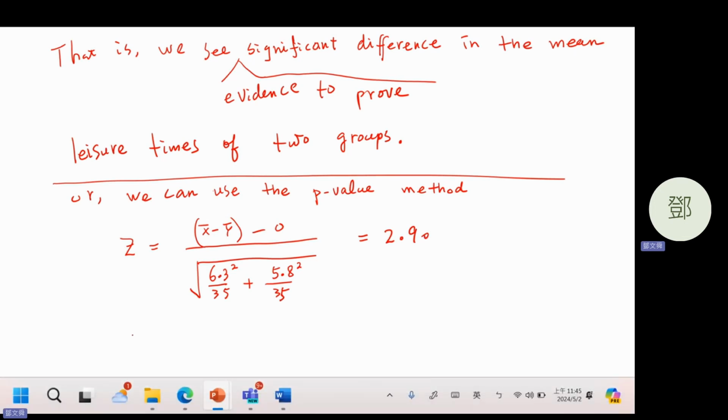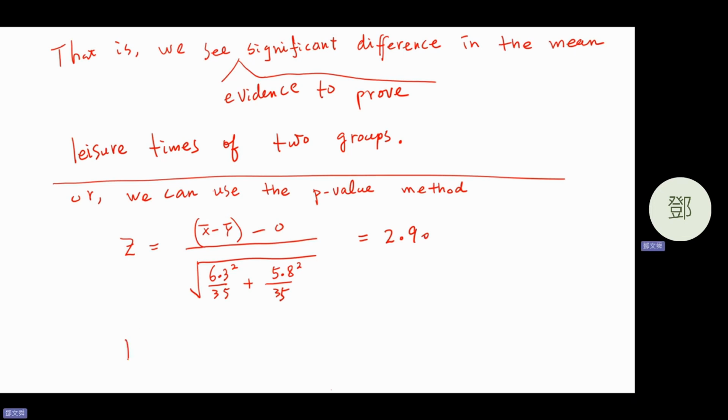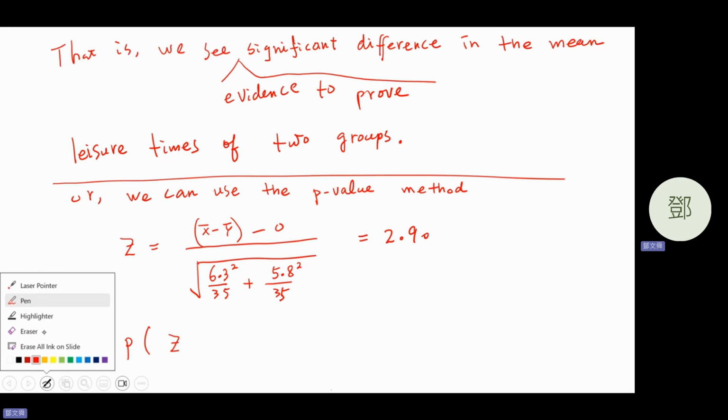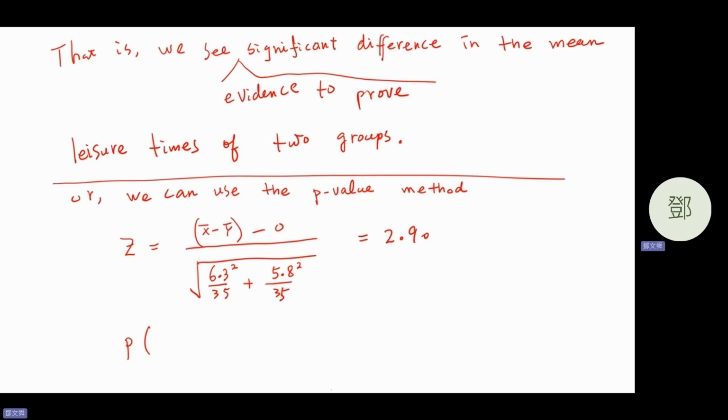And the p-value is the area to the right of the critical value 2.90.